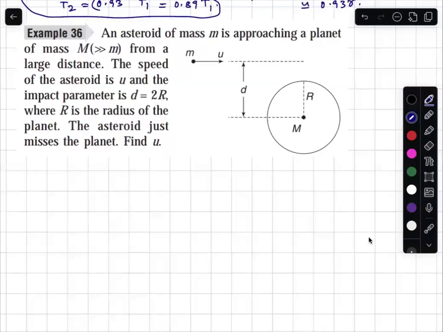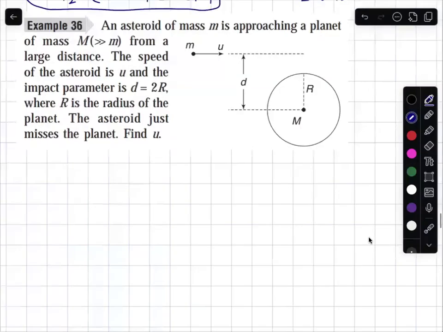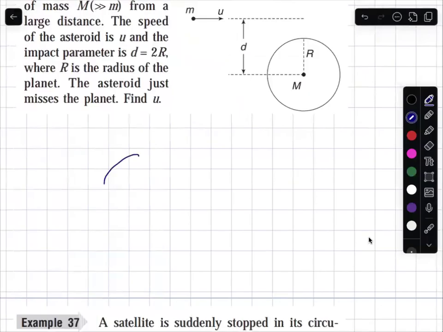The asteroid just missed the planet. Just missed the planet means this is your planet, and this is the asteroid, and it follows a path like this.